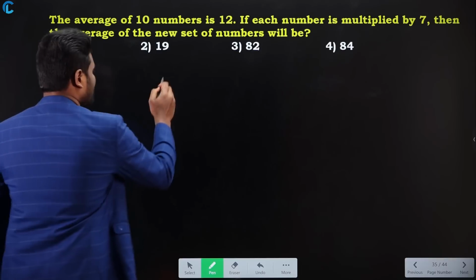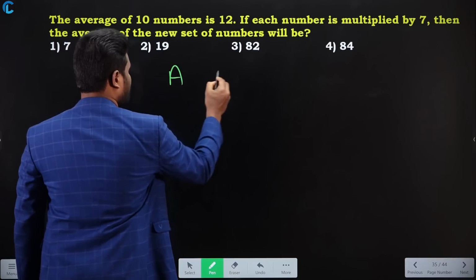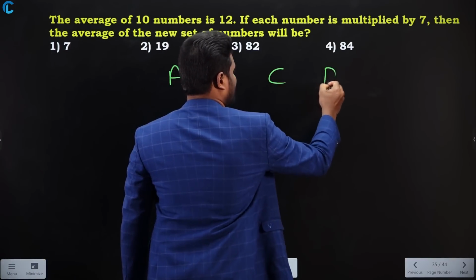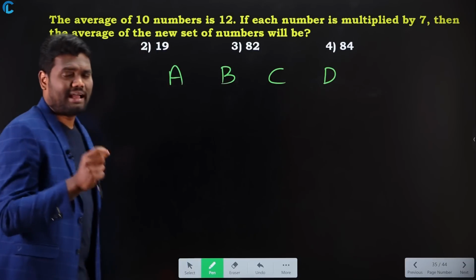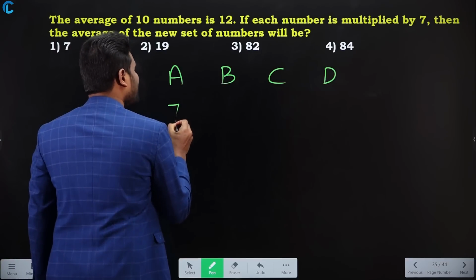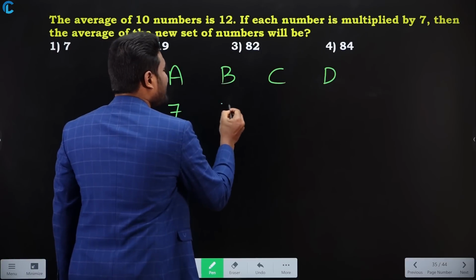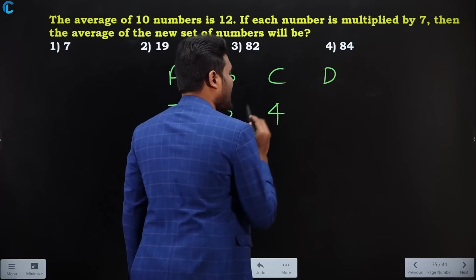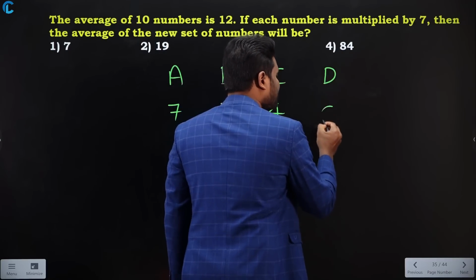Let us take an example: there are 4 persons A, B, C and D. Each of them has some apples. Let us say A has 7 apples, B has 3 apples, C has 4 apples, and D has 6 apples.